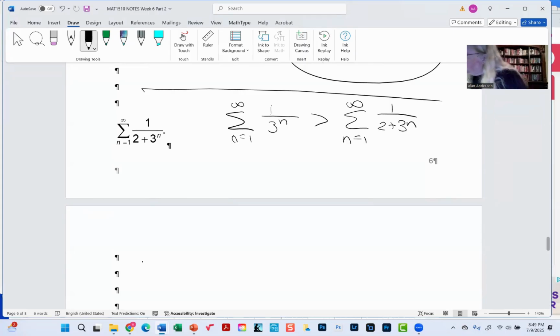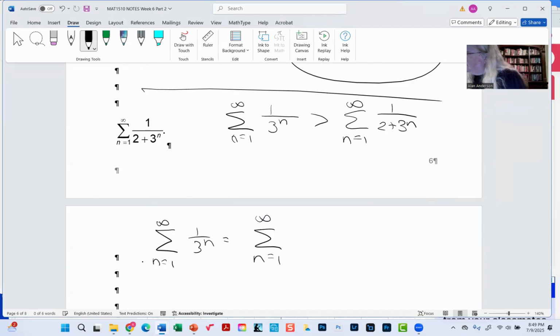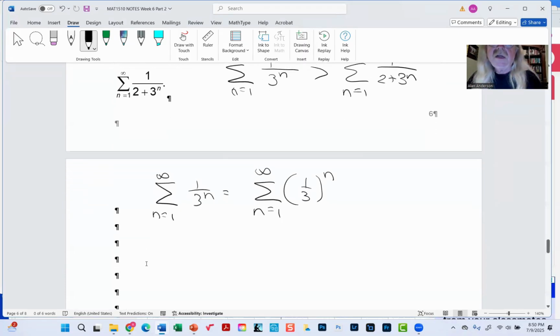And in turn, it can be rewritten as, and that should look awfully familiar.